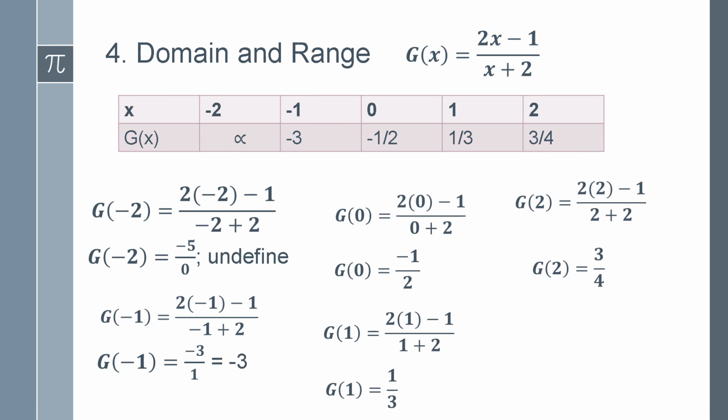As you can see, yung corresponding y value or g of x value ng negative 2 ay undefined. So, automatically, this is not acceptable in the set of domain. After completing the table of x values and y values, these values will be the coordinates or ordered pairs para ma-plot natin sa Cartesian plane.